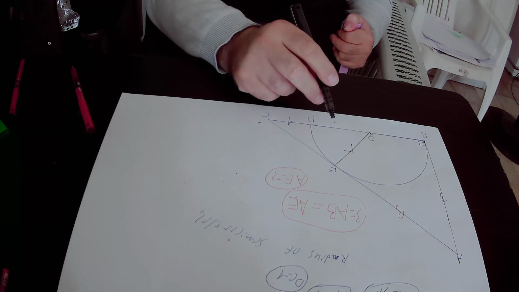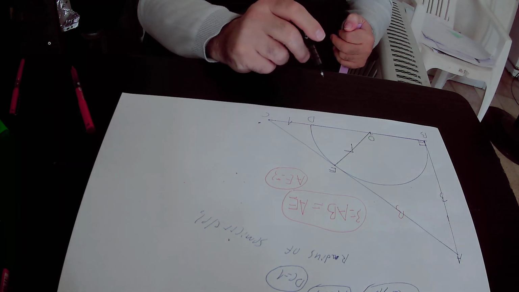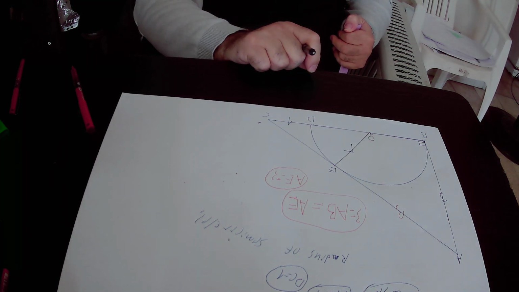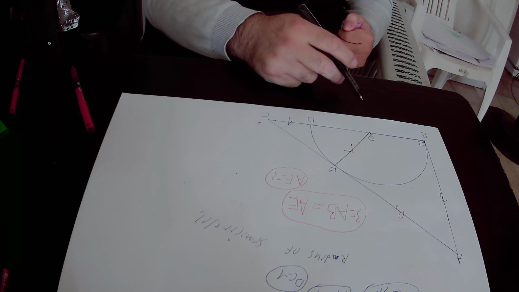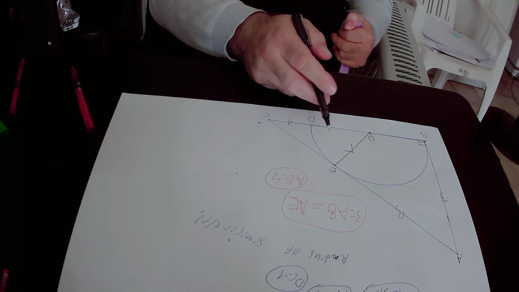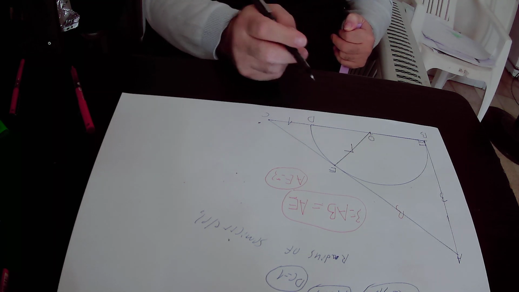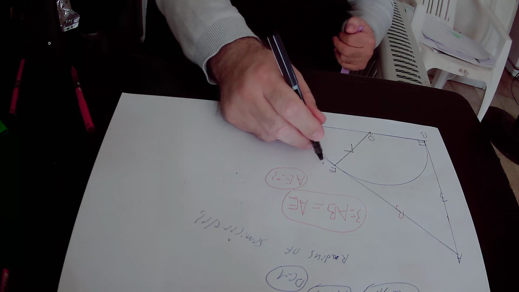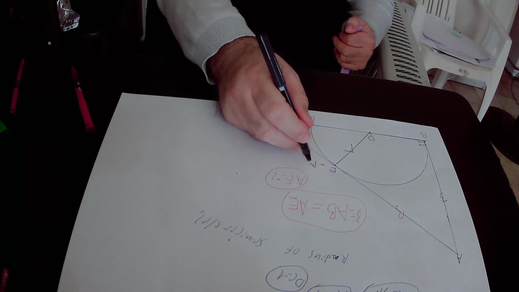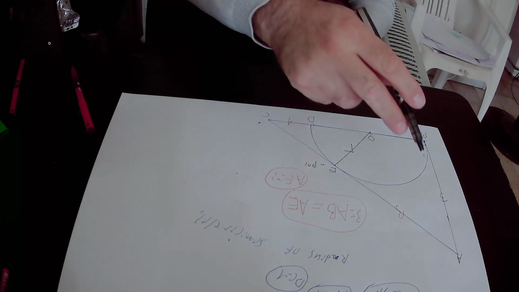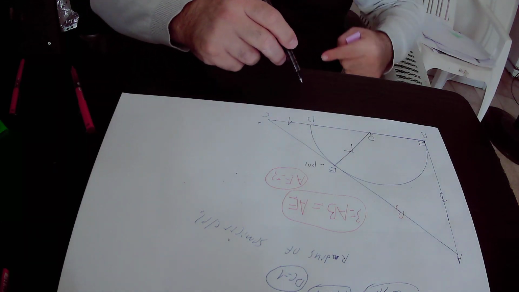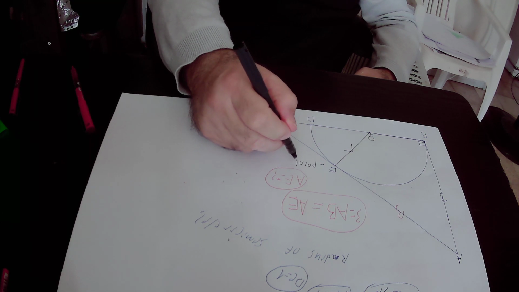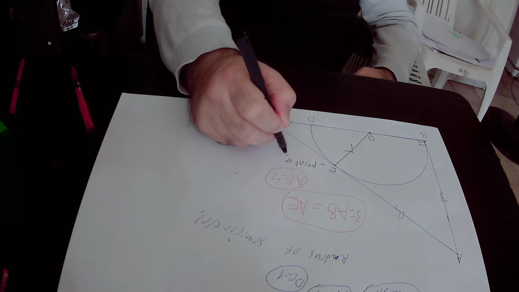So OE is the radius of the semicircle, and we see in the drawing that the radius OE is drawn to the point of tangency, that is to say, to point E. Point E is the point of tangency of tangent AC with this semicircle.